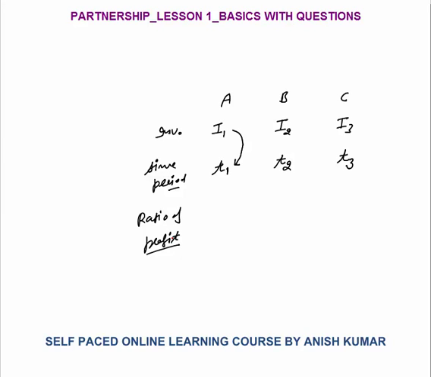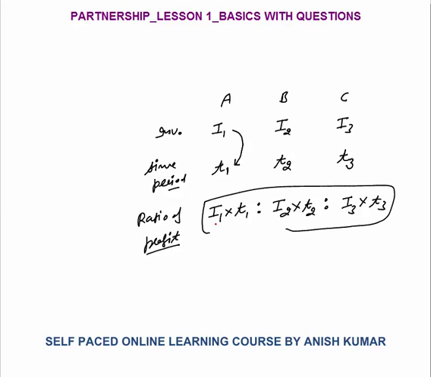Simply, how much time a person's money was there, that will be the ratio of their profit. So A invested I1 for T1 time period, B invested I2 for T2 time period and C invested I3 for T3 time period, that will be the ratio of their profit.